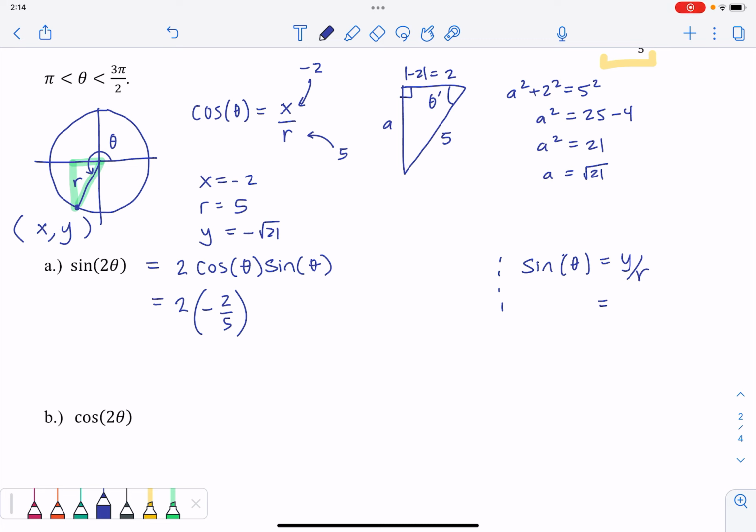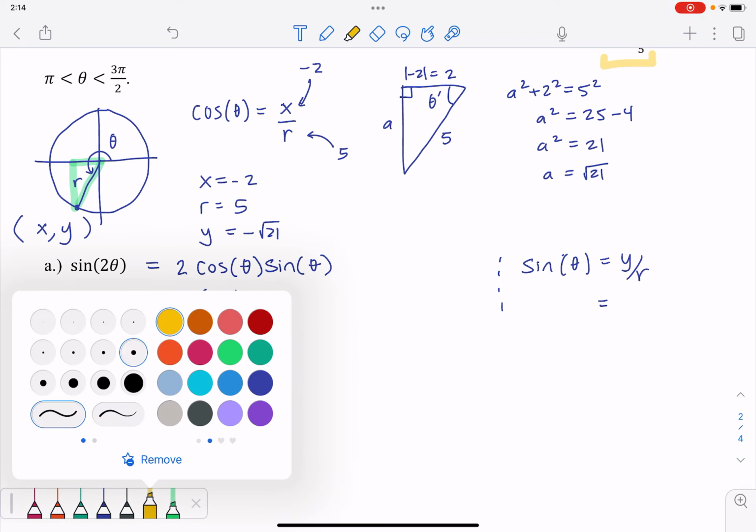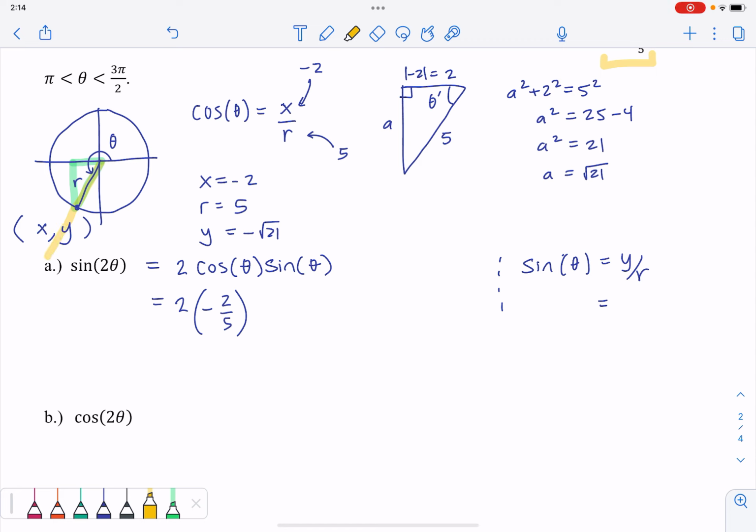And again, that means that I have a point that is on the terminal side of the ray of this angle in standard position, and that ray is going to intersect that circle. And so I know my y is negative root 21, and then I know that my r is still 5. So what do I get here? These negatives are going to cross out, and so I get 4 root 21 over 25. And then that part is done.